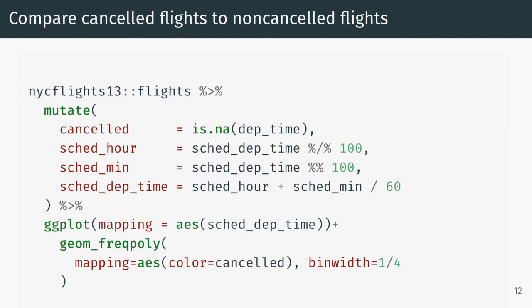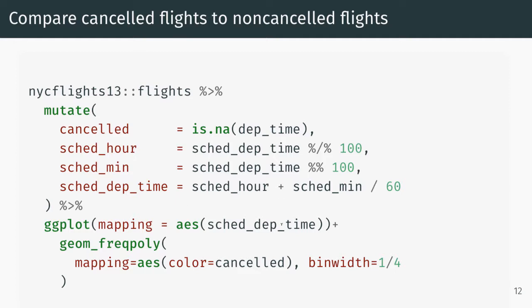Here's a comparison of canceled flights to non-canceled flights. And we'll look at a graph of this briefly. So we're going to mutate. Canceled is going to be is.na departure time. Scheduled hour is the departure time divided by 100. Scheduled minute is the departure time modulus 100. So the scheduled departure time is scheduled hour plus the scheduled minutes divided by 60.